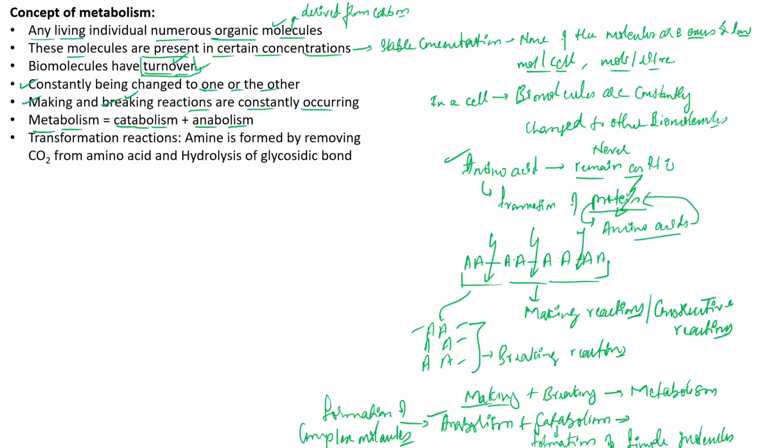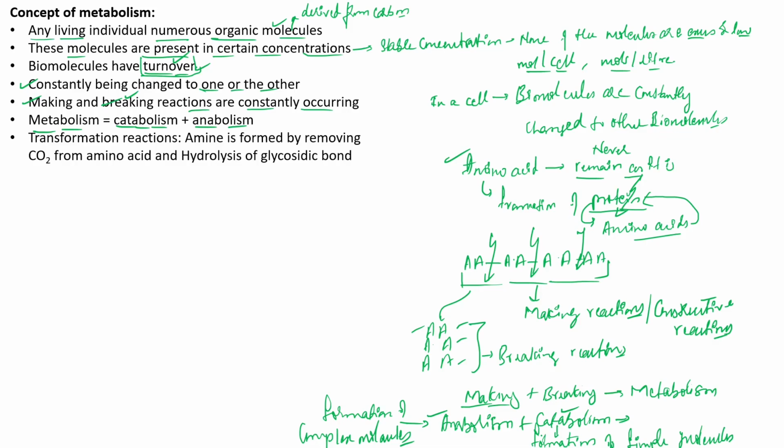If it results in the formation of simple molecules, it is called catabolism, right? Hence the sum of these two reactions, the catabolic and the anabolic reactions, is called metabolism. We will try to understand anabolism and catabolism shortly also.